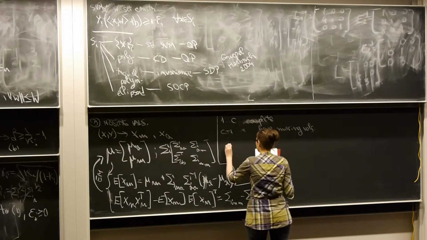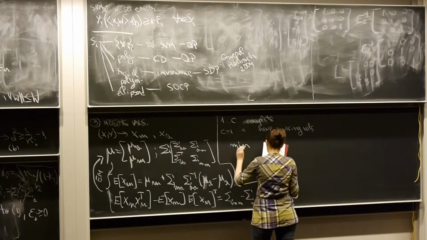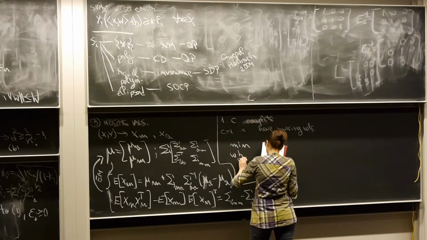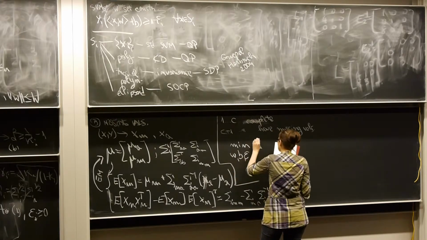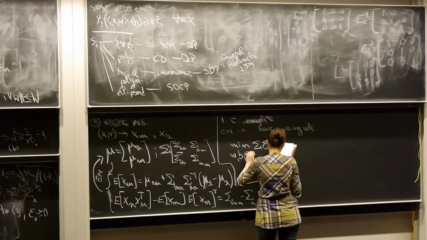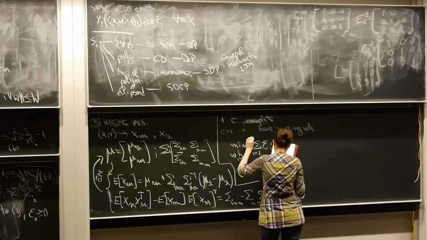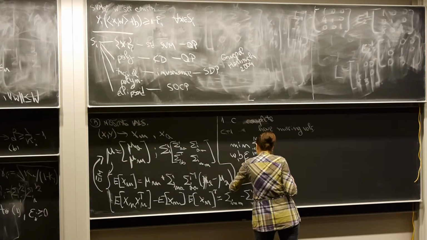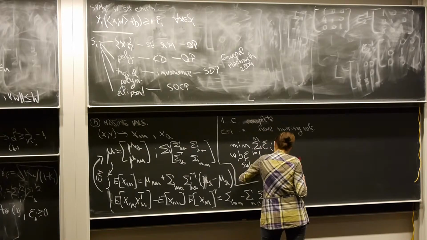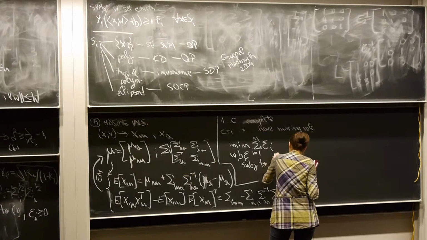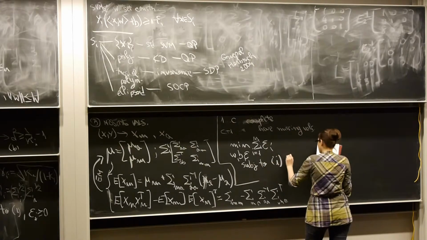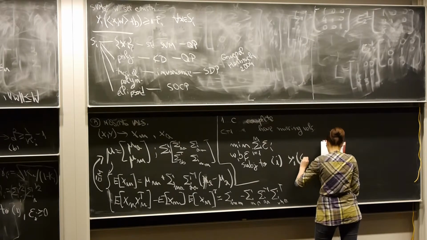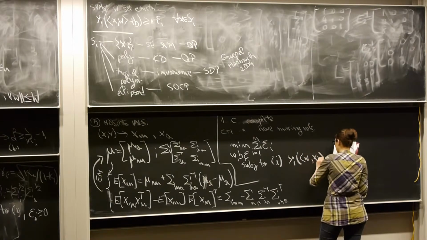So let me just show you how it looks now. It'll be minimize over the slack variables, subject to, first, for our complete values, just the standard SVM constraint.